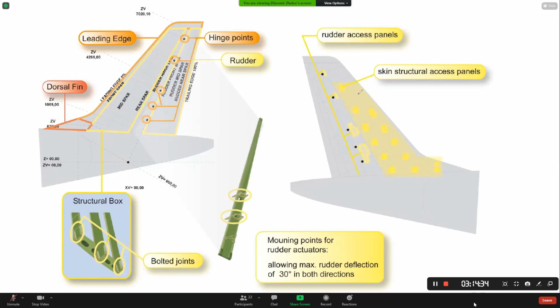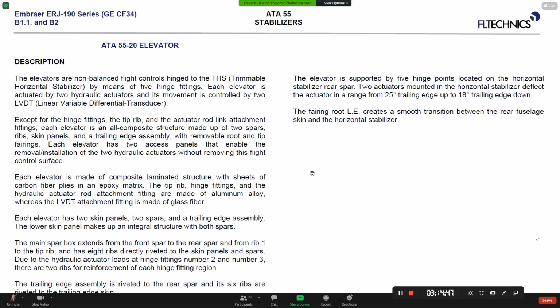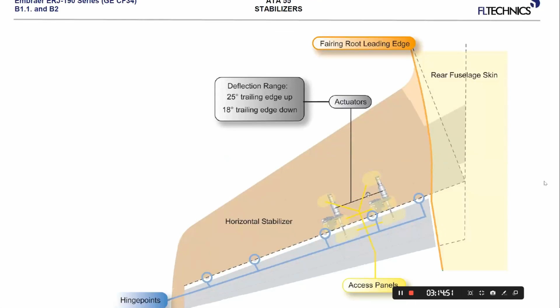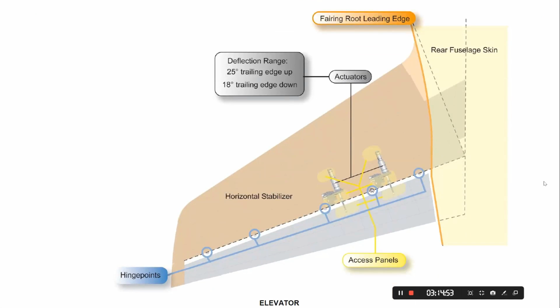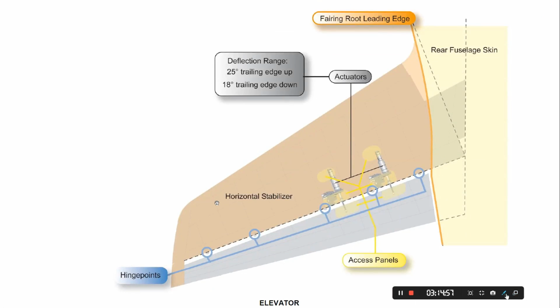In addition, in the vertical stabilizer, we have additional access panels to access the vertical stabilizer structure. I didn't tell you, and it was also not shown here, but we also have access panels for the elevator PCUs. But we have no access panels for the structure on the horizontal stabilizer, only on the vertical one.